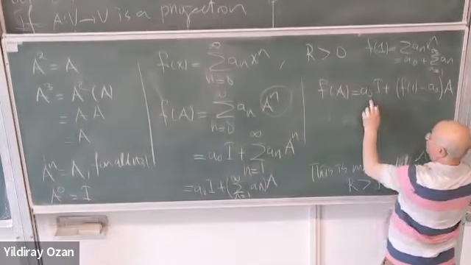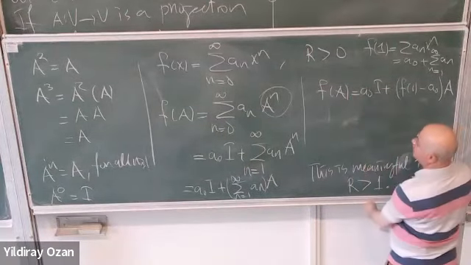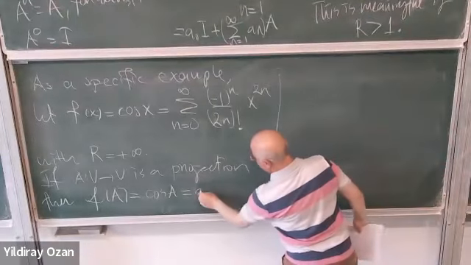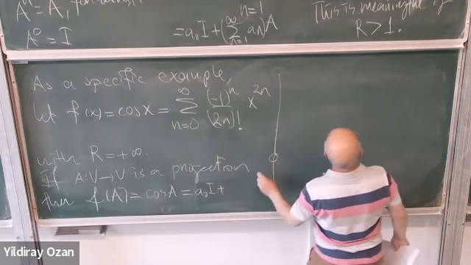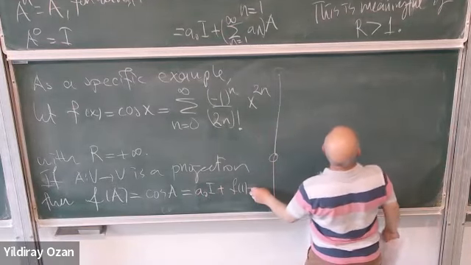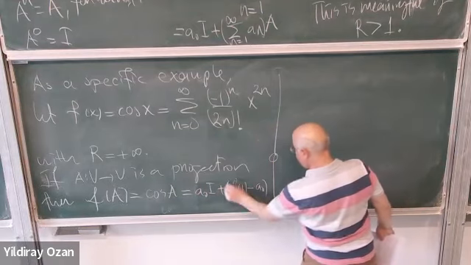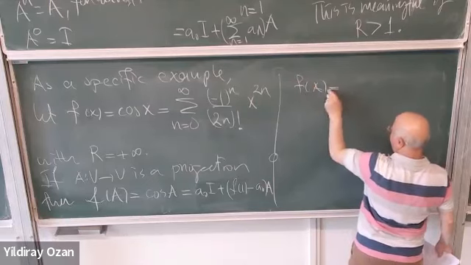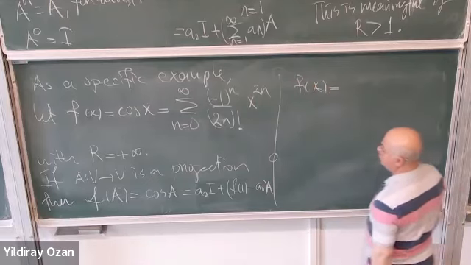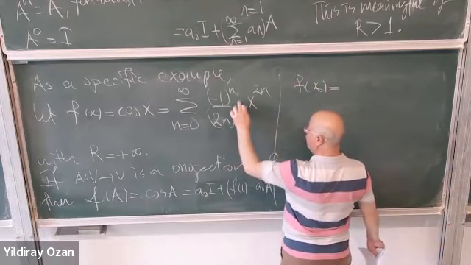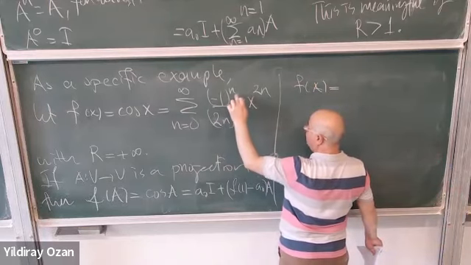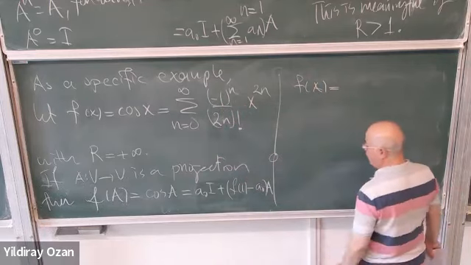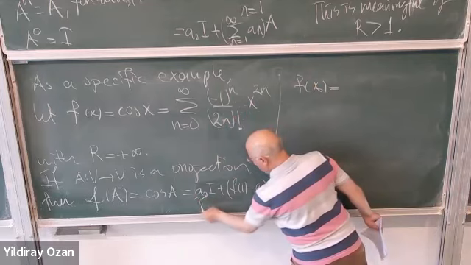So for cosine x, f of A is a zero times identity plus f of 1 minus a zero times A. When you plug in n equals 0, you get 1 over 0 factorial, which is just 1. So a zero is just 1.